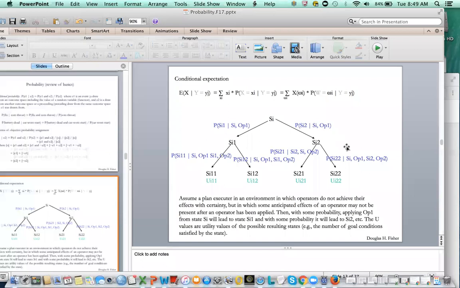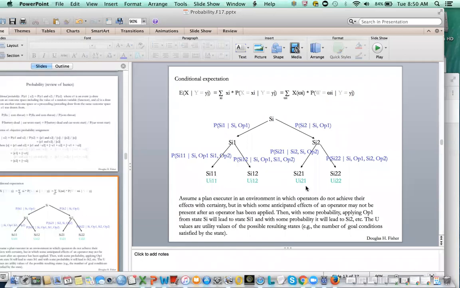And so we have various options here. But in this case, the conditional expectation of the effects that are true after executing particular operators, and the values associated with those expectations, is given again by not an unconditioned probability times the utility, but a conditional probability times a utility.